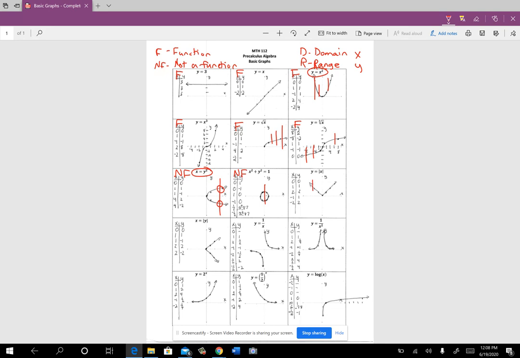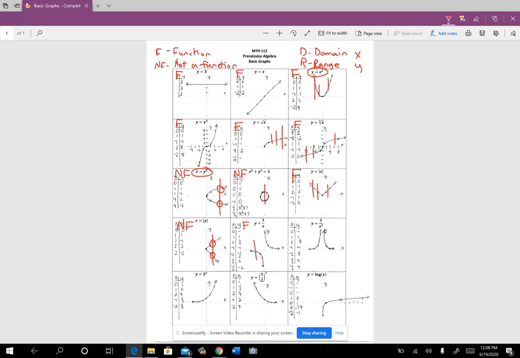So with y equals absolute value of x, a vertical line would hit the graph in just one spot, but with x equals absolute value of y, a vertical line would hit it in more than one spot. So y equals absolute value of x is a function, but x equals absolute value of y is not a function. Okay? And then all the rest of these are functions.